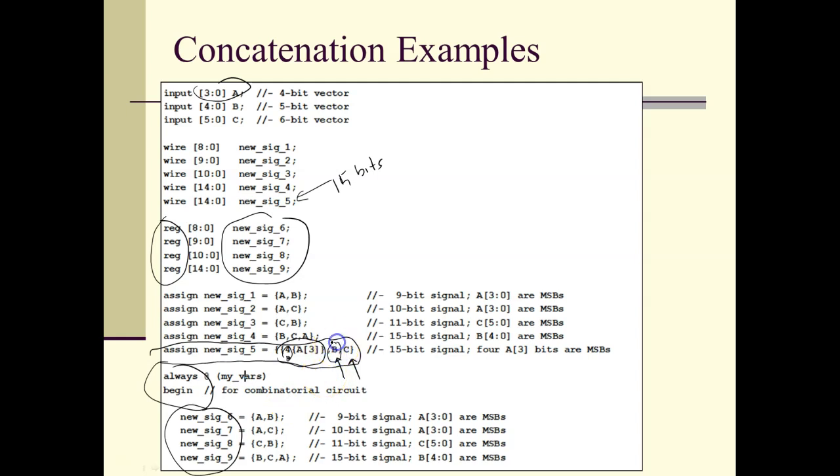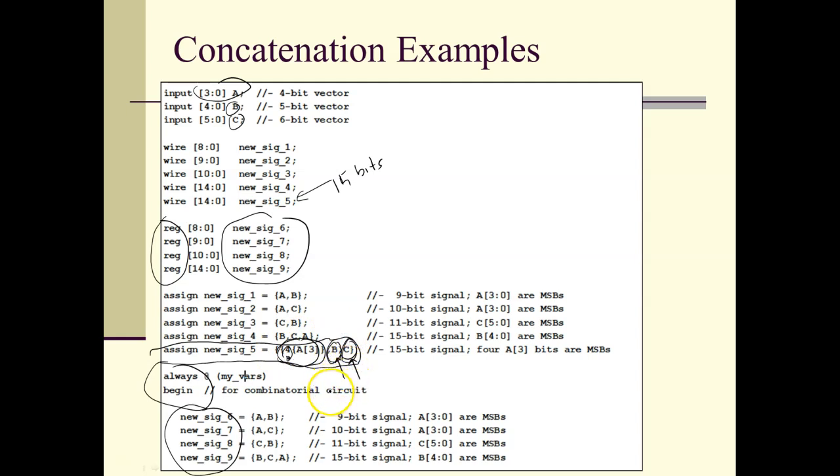Then I'm going to add B. B is a 5-bit vector, and C here is a 6-bit vector. Whatever B and C are, it's going to be tacked in there. So in order, the leftmost 4 bits are these, the middle bits are these, and the least significant bits are formed by the C variable.